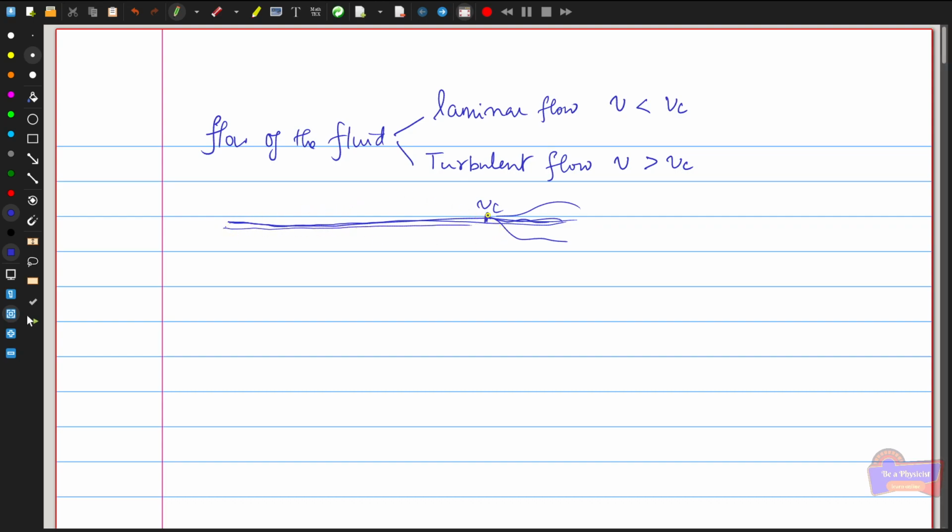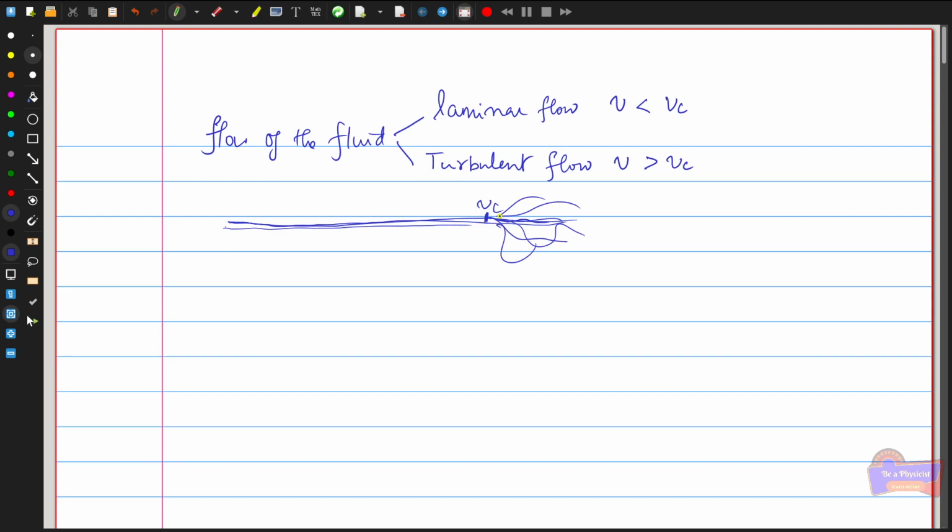However, when the velocity crosses the critical velocity, turbulent flow occurs with a mixture of the layers, each moving with different velocities, and you can see whirlpool-like structures in the flow of the fluid.